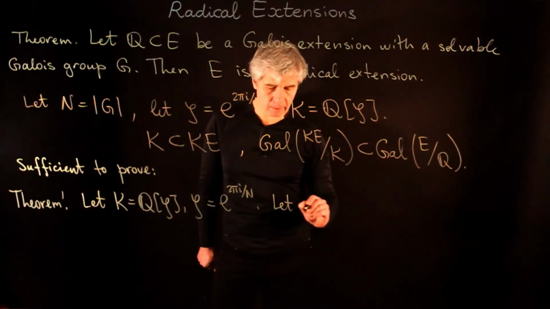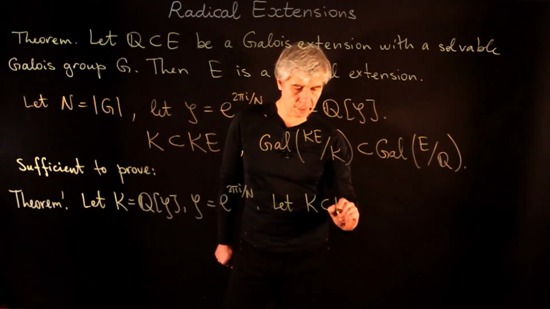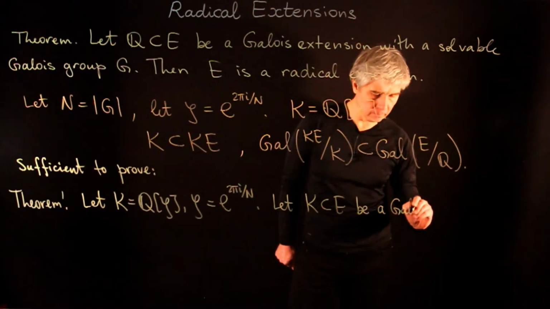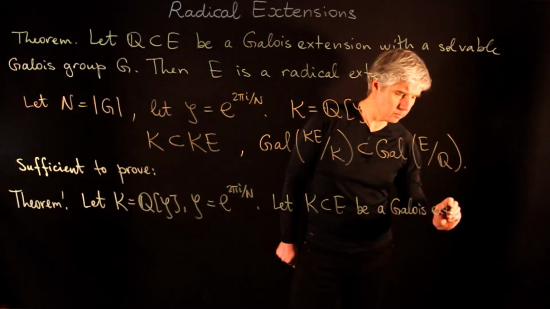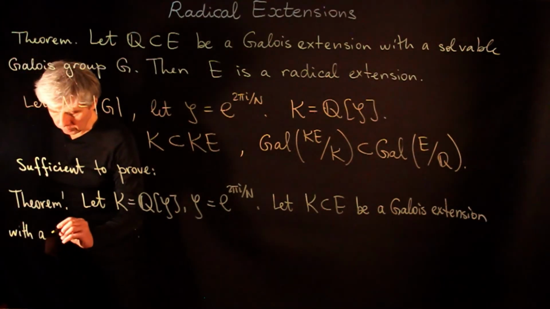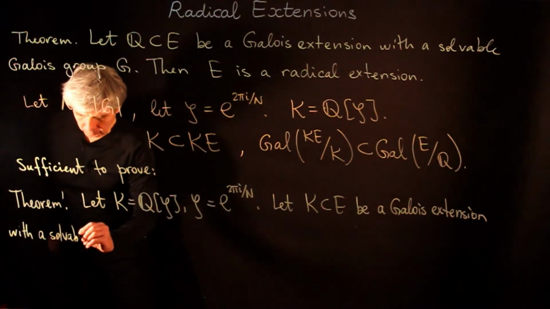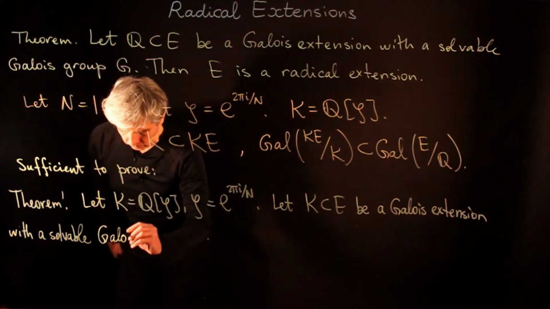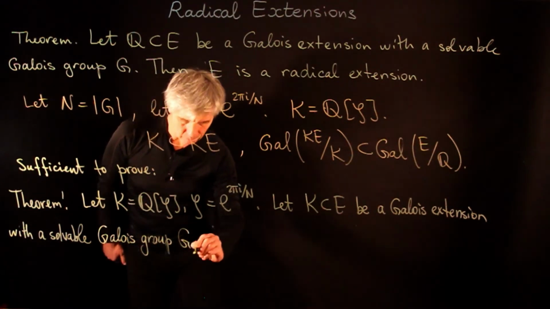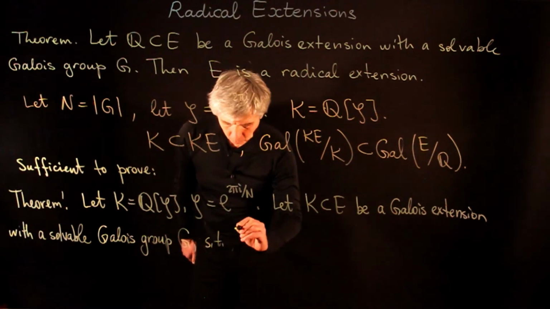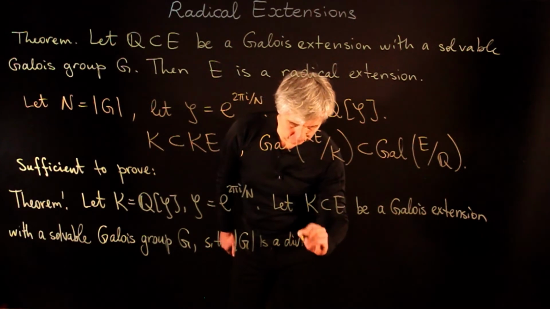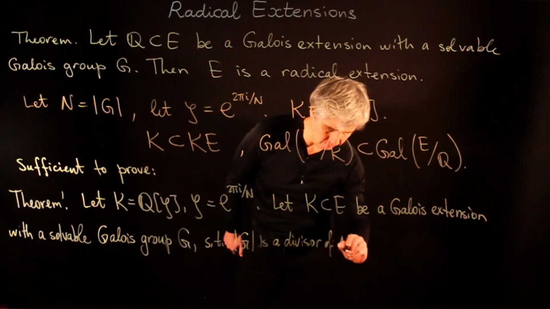And let E be an extension of K, a Galois extension with a solvable Galois group G such that the order of G is a divisor of n.